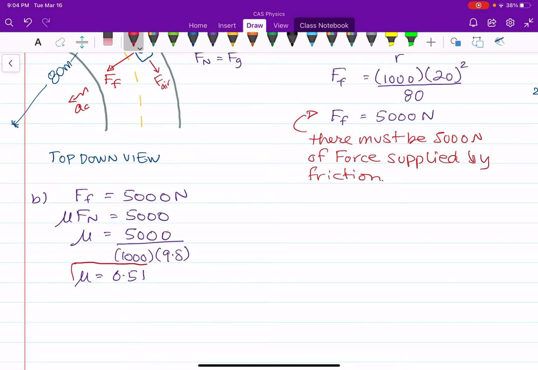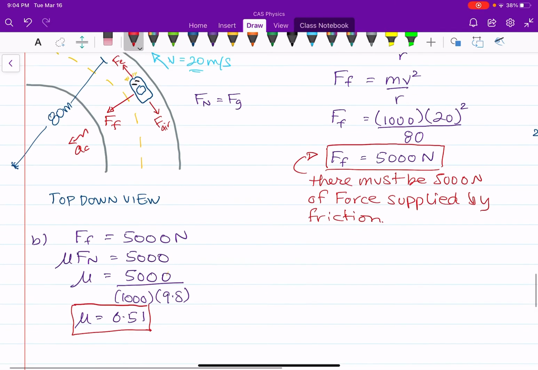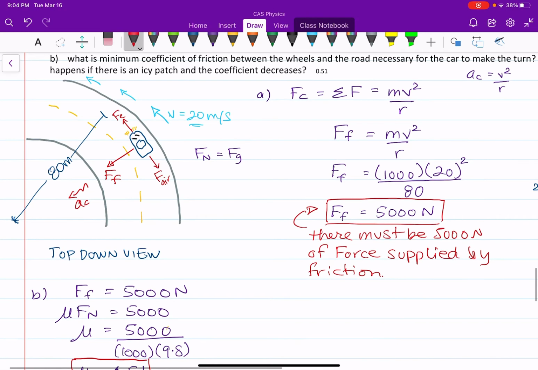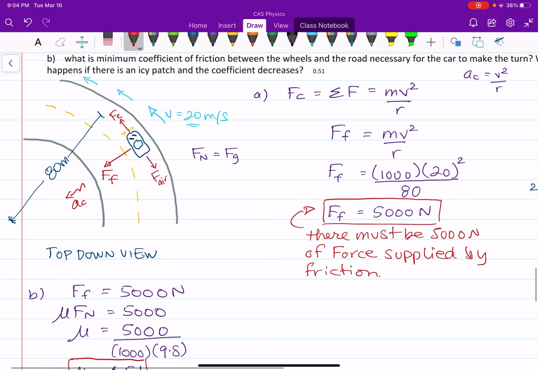Now, what that means is if you don't have a coefficient of 0.51, the car can't make the turn. So the next part of the question says, what happens if there is an icy patch and the coefficient decreases? You can imagine a situation where there's a patch of ice on the ground. This is the icy patch. And let's say mu is only equal to 0.1.